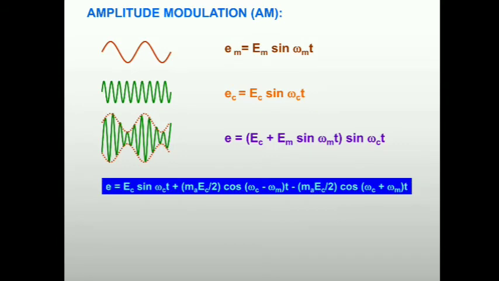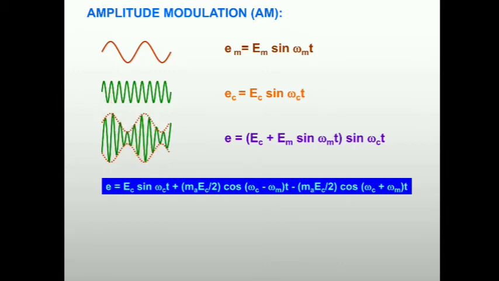See below, e equals E_c sin omega_c t plus m_a E_c divided by 2 into cos (omega_c minus omega_m) t, minus m_a E_c divided by 2 into cos (omega_c plus omega_m) t. Here cos (omega_c minus omega_m) t is the minimum side, represented on this side, and this side is the minus.